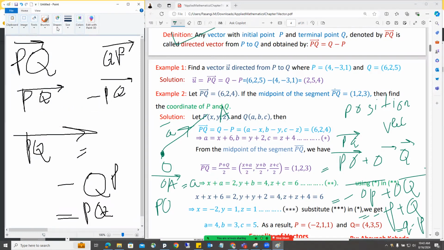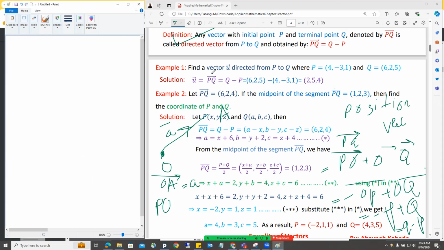So how does it work? Now, example one is find a vector U directed from P to Q. Now we have to start from P and draw this until Q. So this one is the PQ vector, that is U.